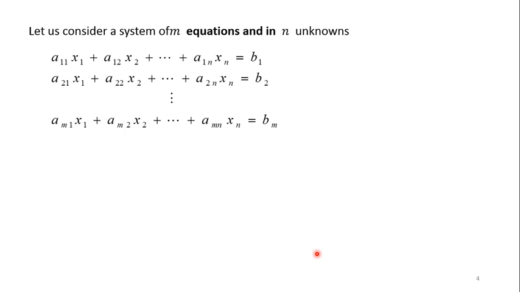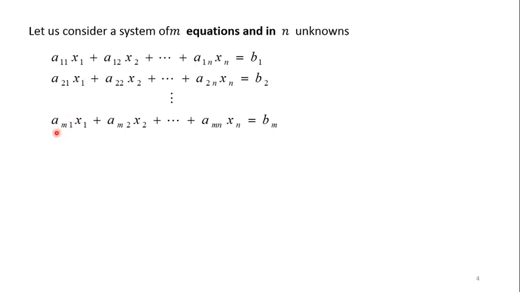In order to understand this method, let us consider a system of m equations in n unknowns. We write a11 x1 plus a12 x2 plus ... plus a1n xn equal to b1, a21 x1 plus a22 x2 plus ... plus a2n xn equal to b2, and so on.